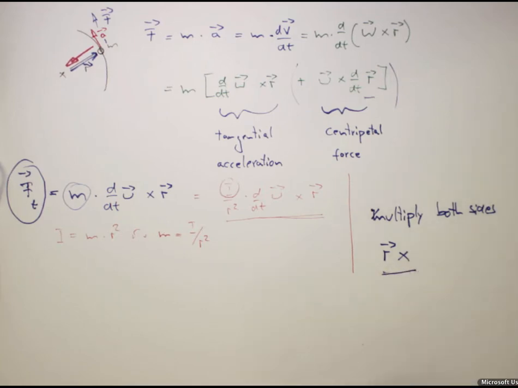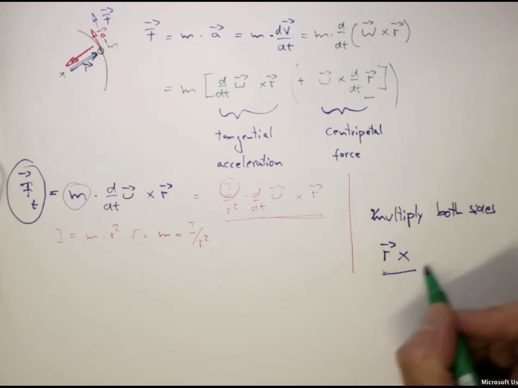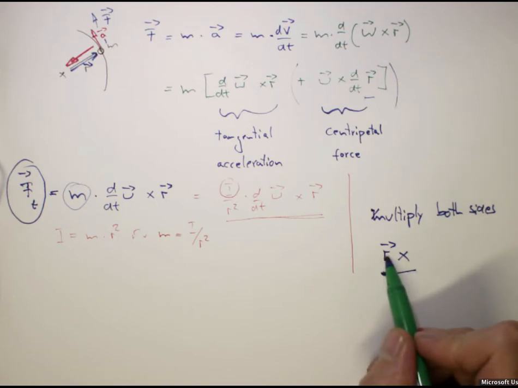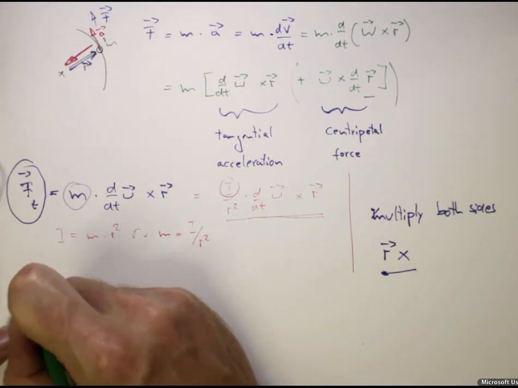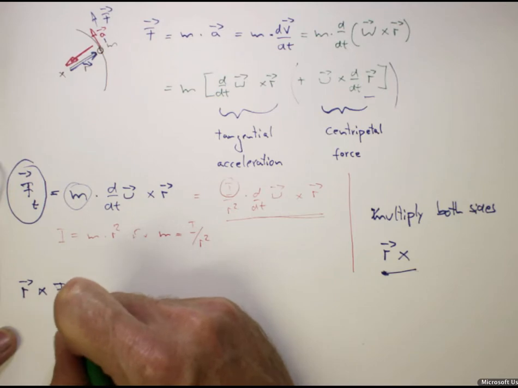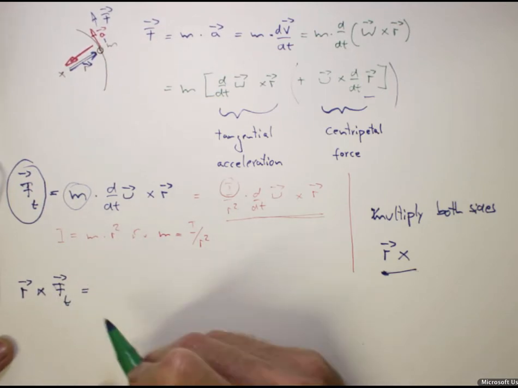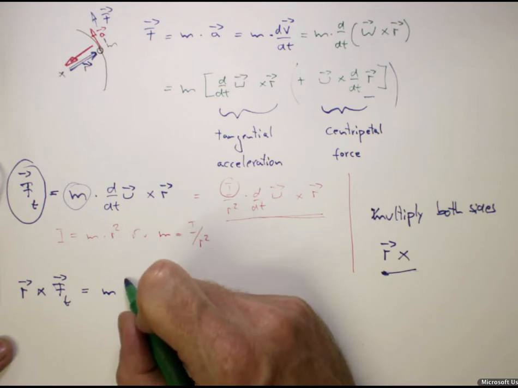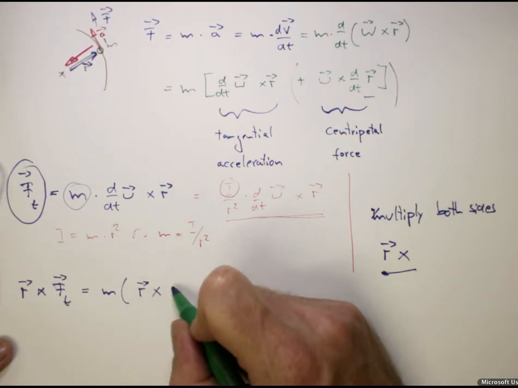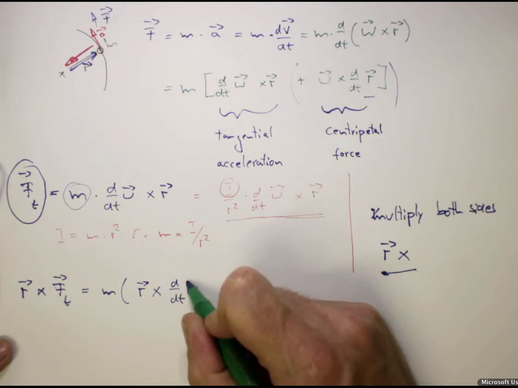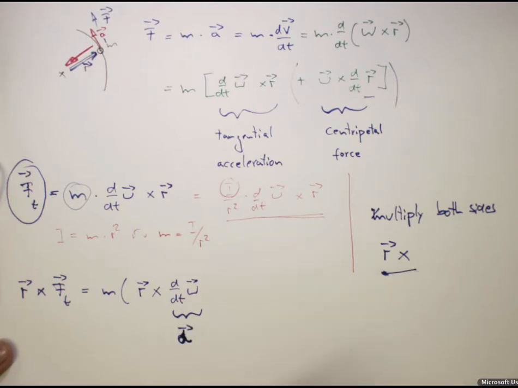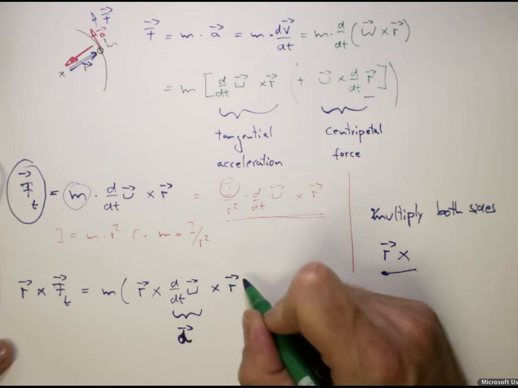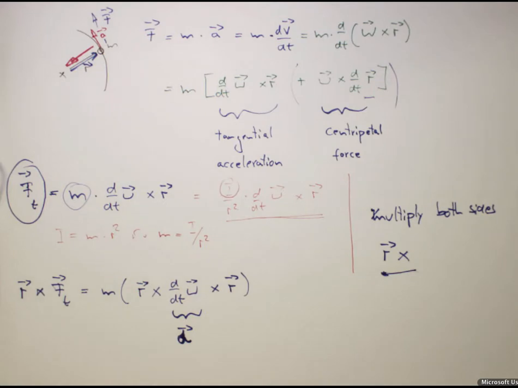We have to be careful. You know from mathematics that the cross product is not commutable, so we can't swap the parameters, so we multiply from the left, cross product, on both sides. That gives us r vectorial cross F tangential is equal to the mass, which we can pull out, times r cross product of d/dt omega, which we can also now replace with the rotational acceleration alpha cross r.